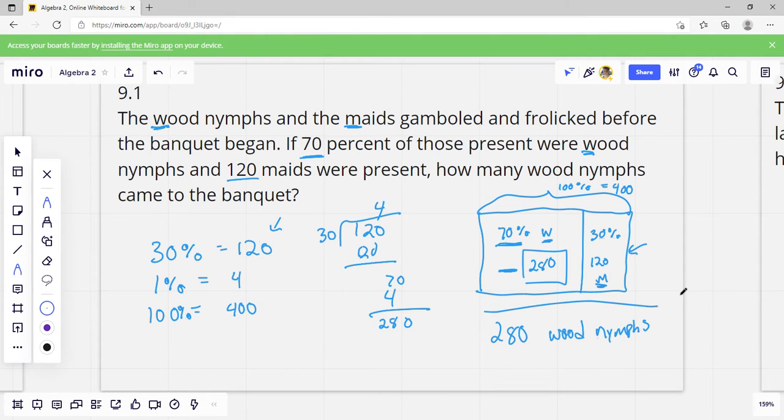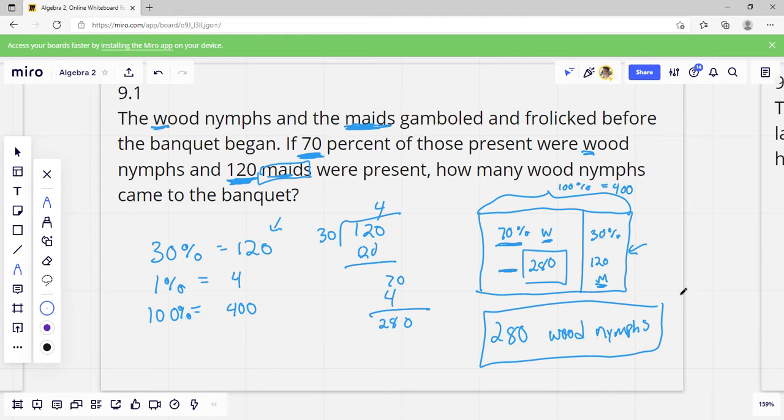Why do they use weird things like wood nymphs and gambled and frolicked and banquets and things like that? The reason they do that is so that when you're working some kind of difficult science problem, or working with things that you don't quite understand, it doesn't matter. Like, if you get to a math problem on the ACT and it has some stuff that you don't know what they're talking about, as long as you can use these numbers, you can figure out the answer without actually knowing what it is that they're talking about, right?